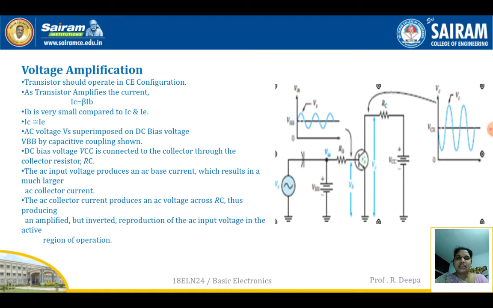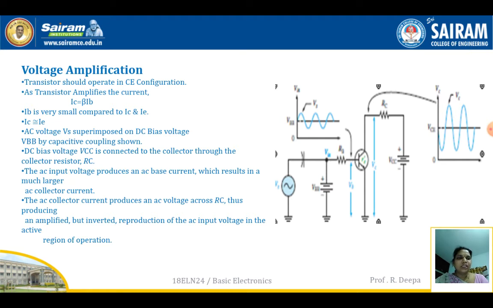As the transistor is operating in the active region, the base emitter junction is forward biased and the collector base junction is under reverse bias, which makes the transistor operate in the active region. Thereby you can observe the output across the collector terminal is amplified but inverted, as shown on the right side of the circuit diagram.